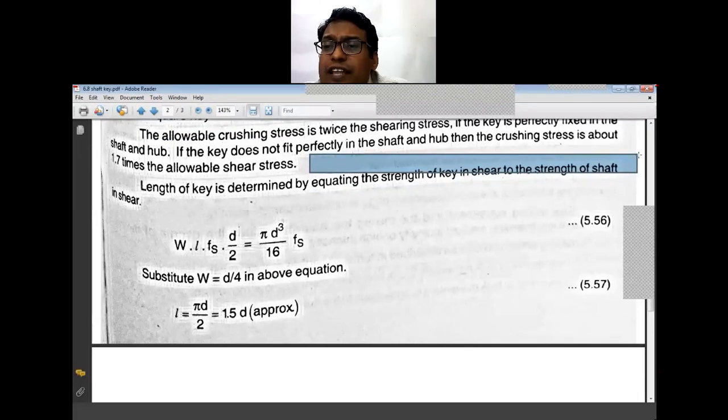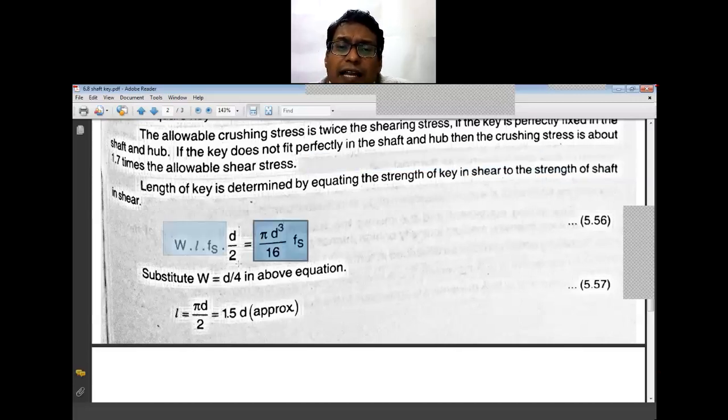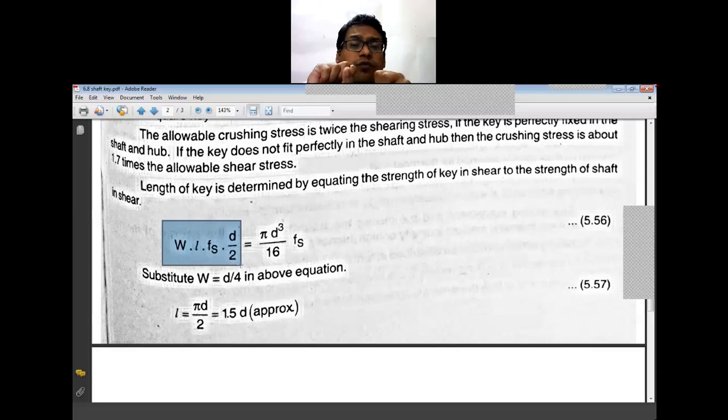So this is the strength of the shaft in shear, and this is the strength of the key in shear, so that is to be equated. Equal force is being transmitted by the shaft and by the key as shear force, and that is why we have equated them to calculate the width and the length.